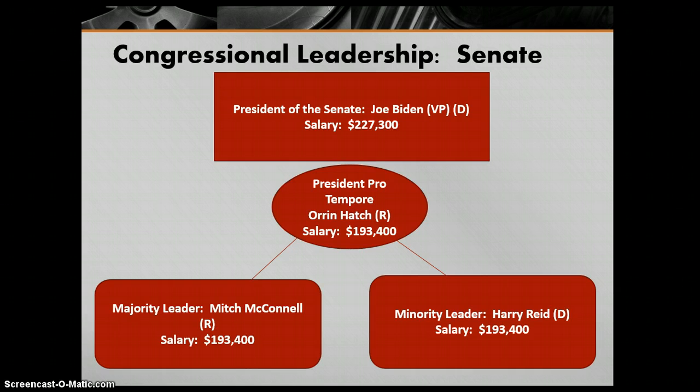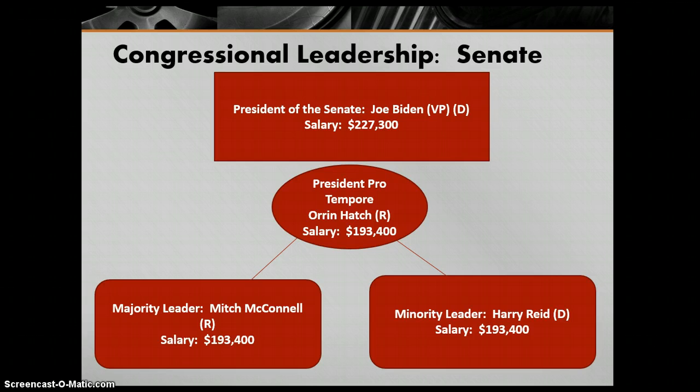Now, in the Senate, the Republicans also hold the majority. However, the president of the Senate is the current vice president, who happens to be a Democrat. This is Joe Biden. The president pro tempore simply means president in the absence of. If Joe Biden is away doing work for the government, the president pro tempore steps into those shoes.